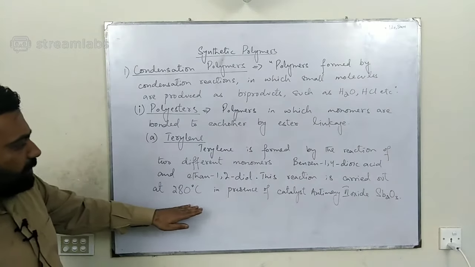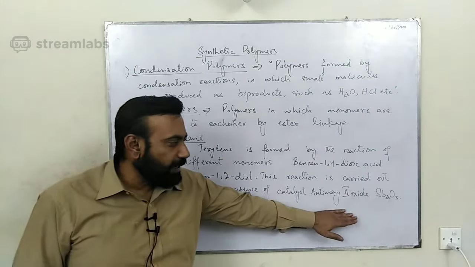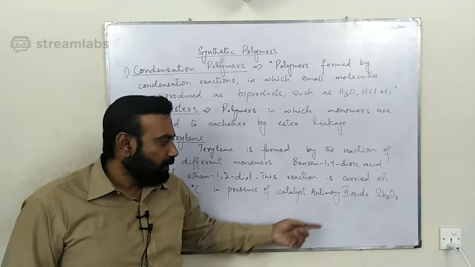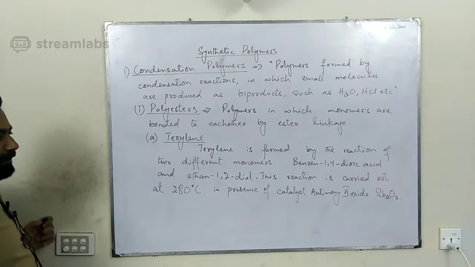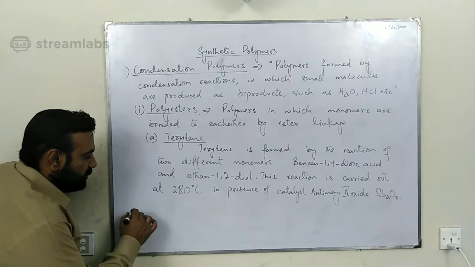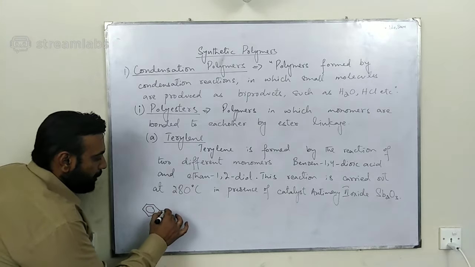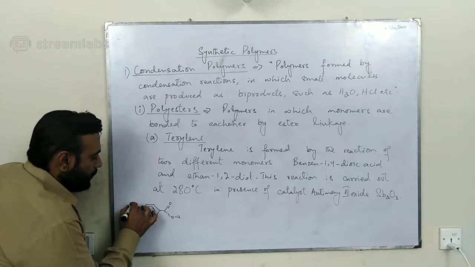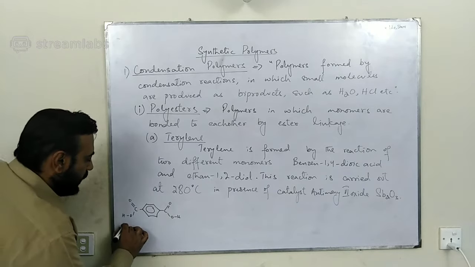And the conditions required for this reaction are a temperature of 280 degrees C and a catalyst, antimony 3 oxide. Antimony is a metal, and antimony 3 oxide, Sb2O3, is the formula of antimony 3 oxide. It is used as a catalyst. So now let us take a look at the reaction that takes place during this. See, this is benzene 1,4-dioic acid.